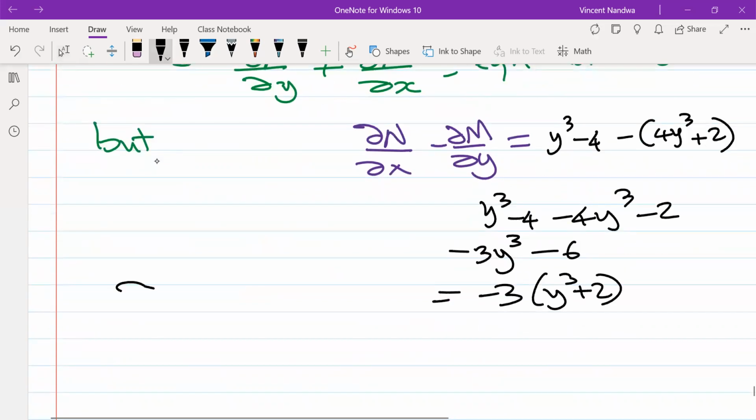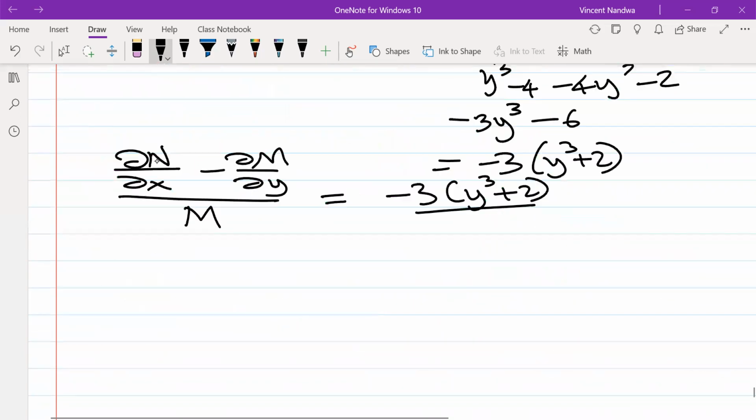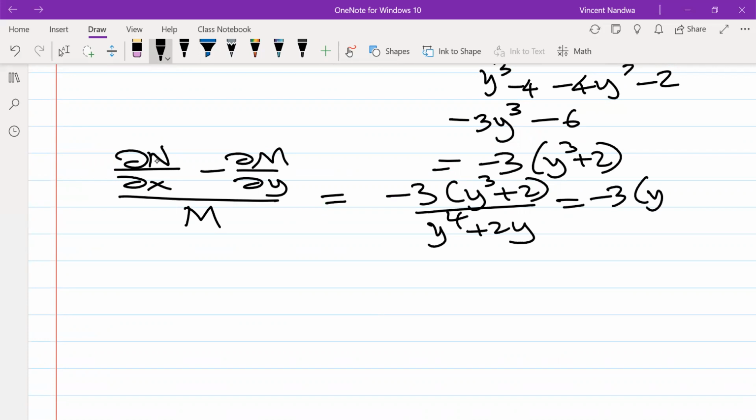Then partial N partial x minus partial M partial y divided by M is minus 3 times y cubed plus 2, where M is y to the power 4 plus 2y, which gives minus 3 times y cubed plus 2 over y times y cubed plus 2. This gives us minus 3 over y.